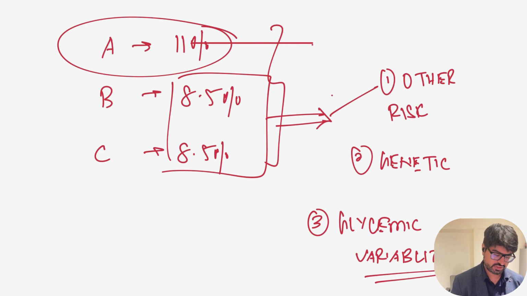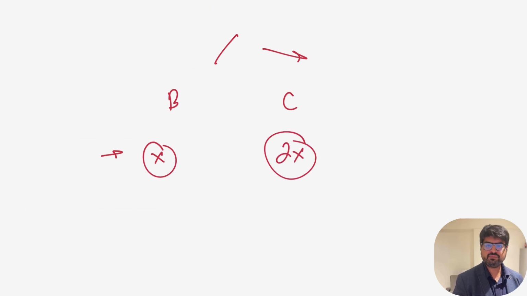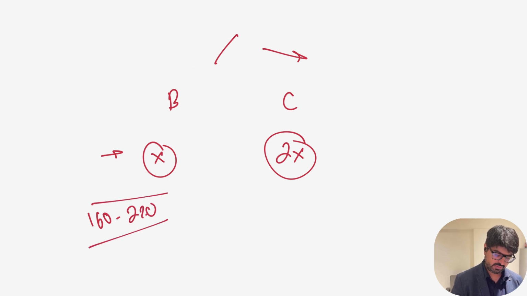diabetes is concerned with regards to complications. Now, let's take the same patients B and C. Let's say the glycemic variability by whatever measure is X in patient B and it is 2X in patient C. In patient B, the blood sugar remains somewhere between, let's say, 160 to 220. It remains in this range. It is stable.